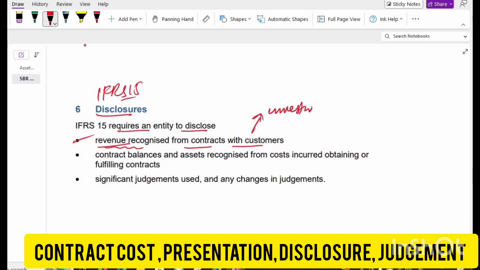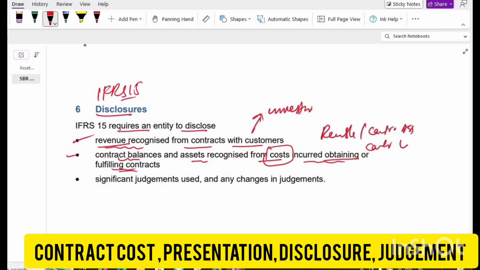Then you have contract balances and assets recognized from the costs of obtaining or fulfilling a contract. We have discussed this. So this means that the company must disclose any amount it has recorded as a receivable. They have to disclose contract assets. They also have to disclose the contract liability.